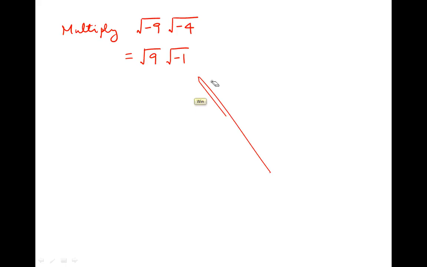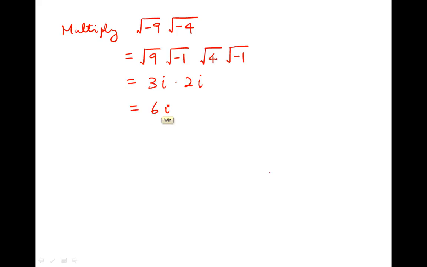For the radical negative 4, we will make it become the radical 4 times the radical negative 1. So that will give me 3i multiply the 2i. So that will give me 6i squared. So that means it is negative 6, because i squared is equal to negative 1.